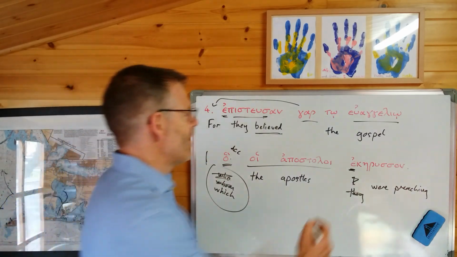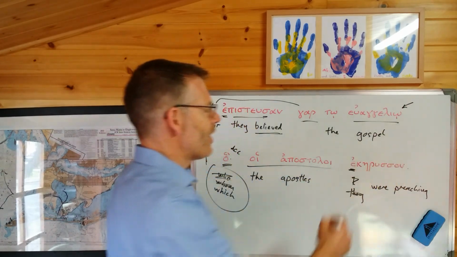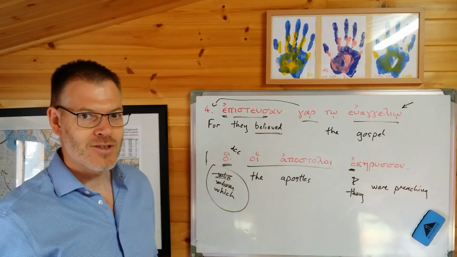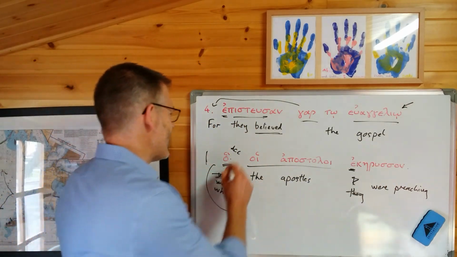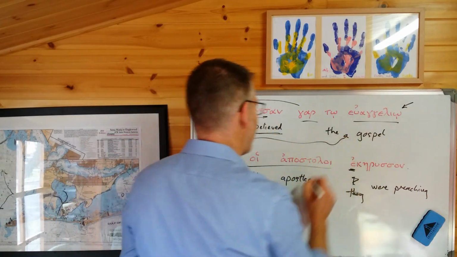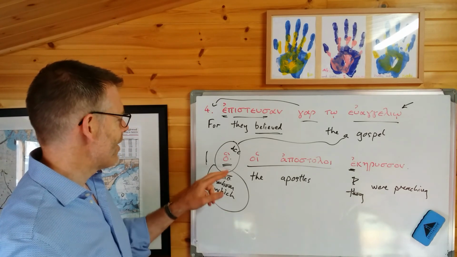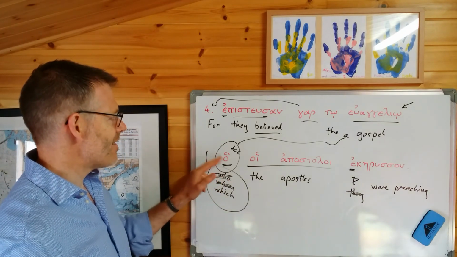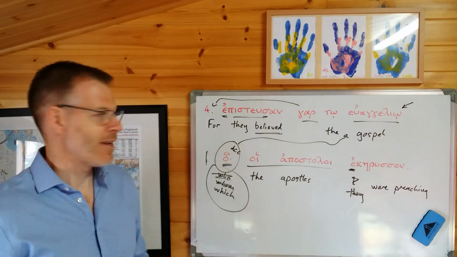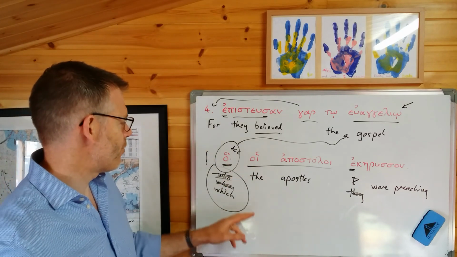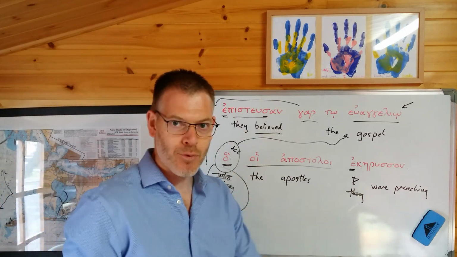Of course there is. To euangelion, is neuter singular. And so the antecedent of this is this little baby. And now we construct an English sentence in which it's clear that the antecedent of this is the gospel, which is being preached. So they believed the gospel which the apostles were preaching.